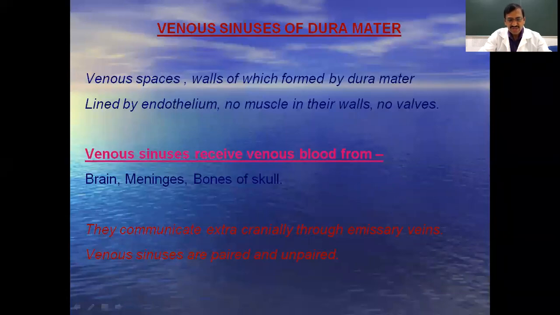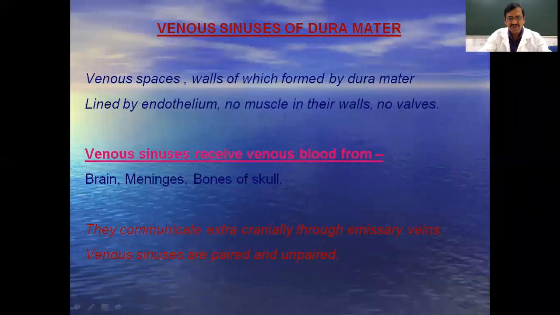The venous sinuses are paired and unpaired. There is communication between the intracranial and extracranial veins through the emissary veins. These emissary veins are very important because whenever there is increased intracranial pressure, they try to compensate by shifting blood outside through the emissary veins.